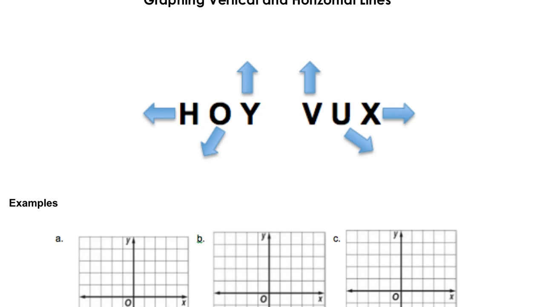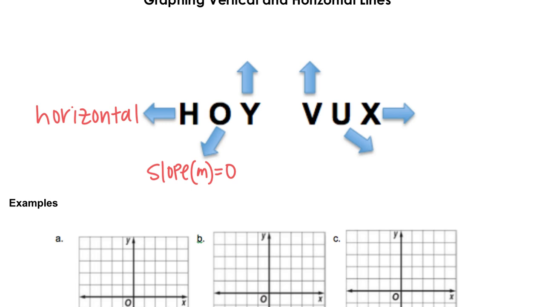When we have horizontal lines, we are going to be talking about HOY. So horizontal is what the H stands for. The 0 tells us that our slope, or the m of a horizontal line, is 0.